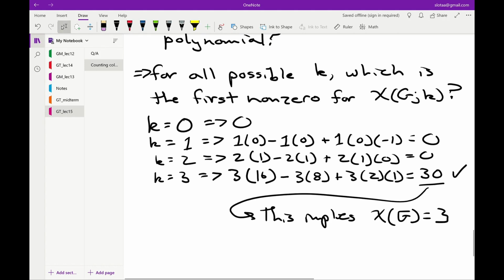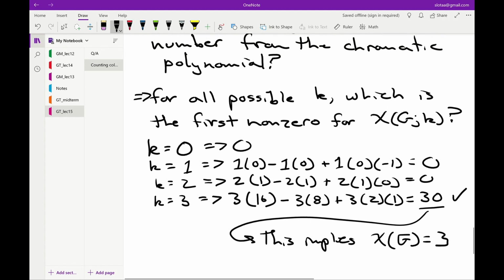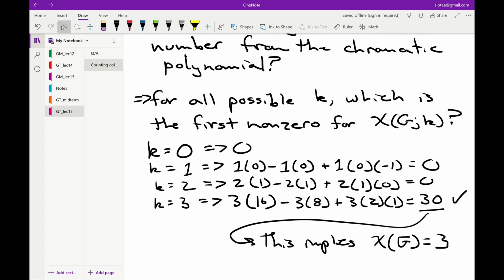Not just by this final k equals 3 by itself, but by the fact that k equals 0 is 0, k equals 1 is 0, k equals 2 is 0, and k equals 3 is non-zero. That implies that the minimum k for which the chromatic polynomial has a non-zero solution, essentially 30 different ways to color for k equals 3, is also correspondingly the chromatic number, since that's the minimum k.